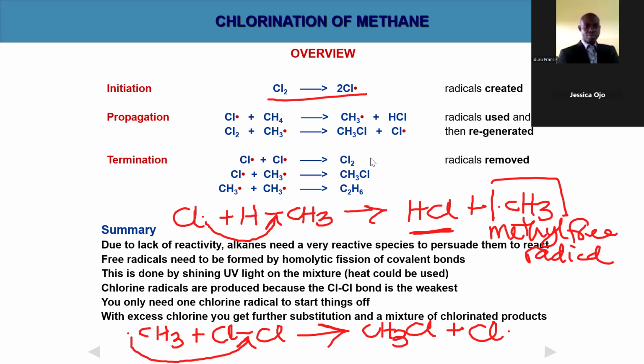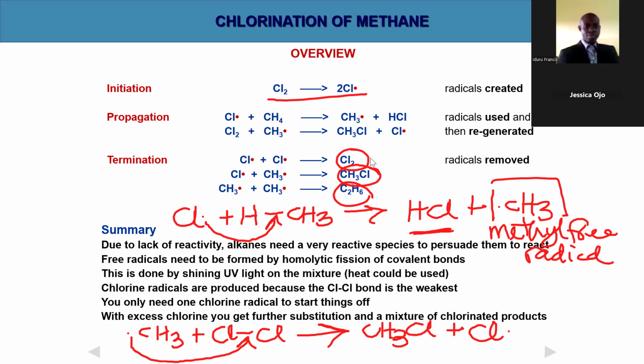Therefore, this mechanism does not lead to producing a bulky amount of HCl or chloromethane, because there are other fragments being produced also during the reaction. As you can see, in the termination step, other products are also formed. So all this will not allow you to have a pure form of chloromethane and hydrogen chloride gas.